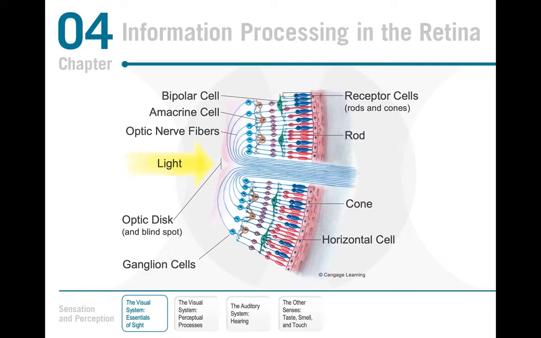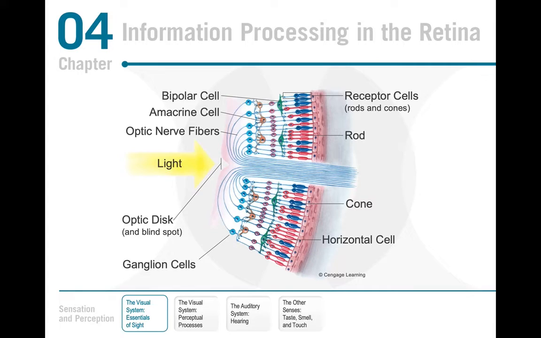So this means that along the way, when light first registers in your rods and cones and it gets sent out through your bipolar cells and amacrine cells and ganglion cells, these layers of cells here integrate and compress signals from your receptors so that all of the information coming from the rest of your retina can be compressed and pushed through this small little space that you have at the back of your eye, which is your optic disc.